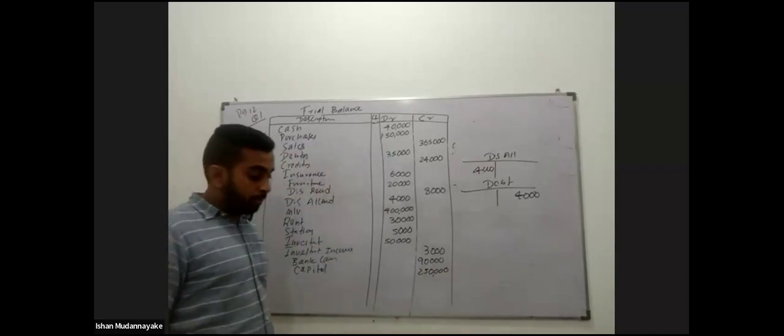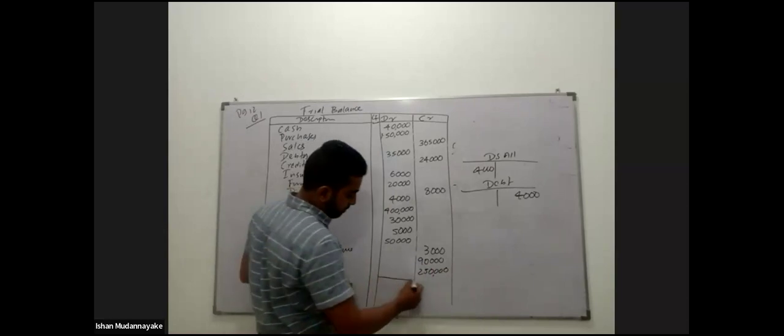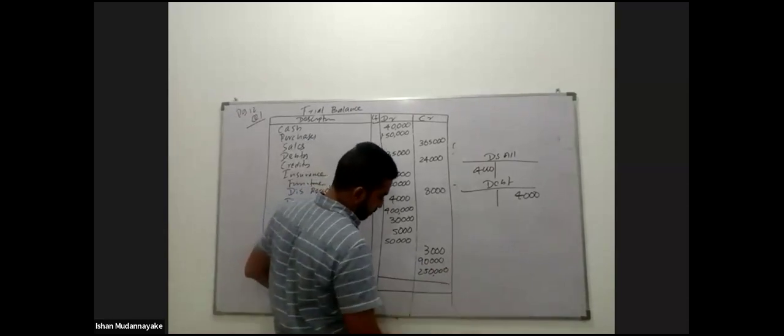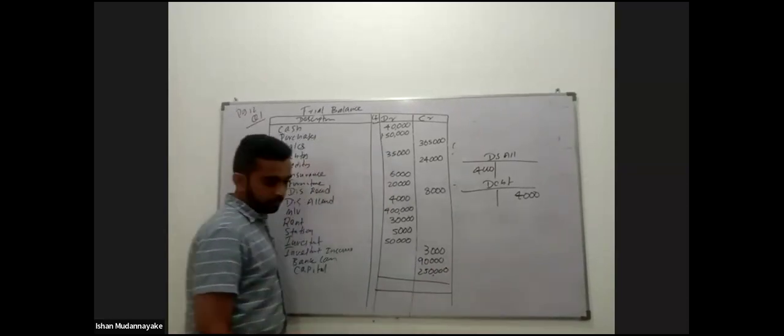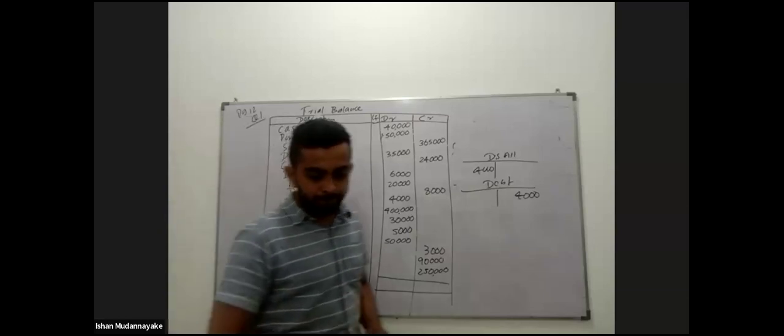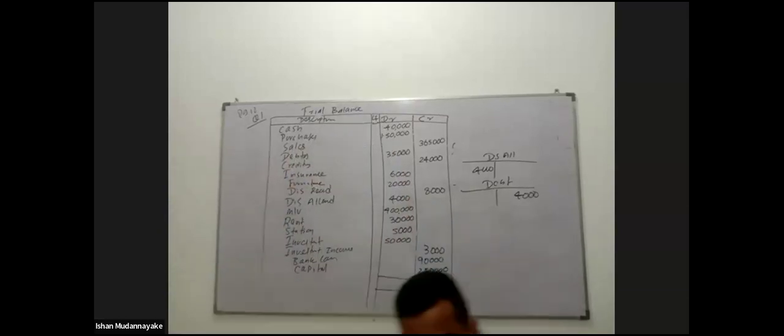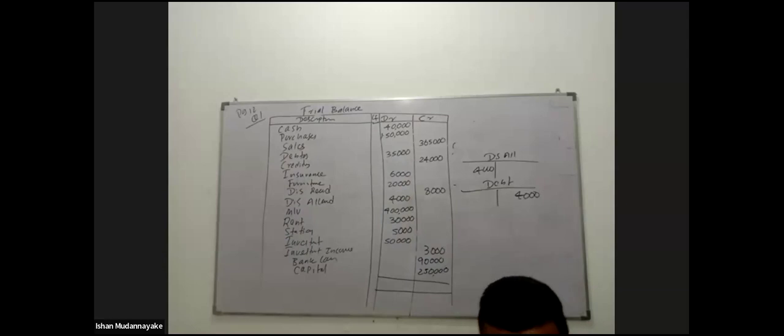Now both sides should be equal. No need to pass double entries for the investment, because they have already recorded it in the cash book.